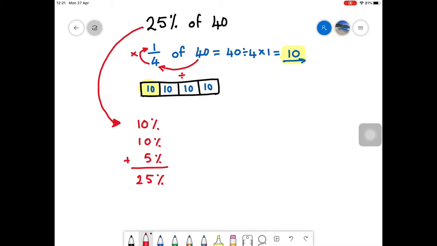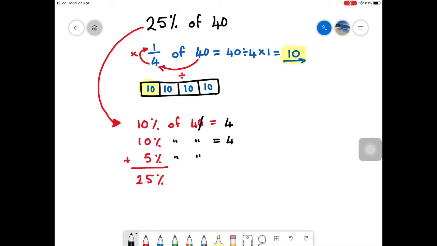Now, I also know that 10% of 40 is one of the easiest sums, because 10% of anything is 1/10 of my number, in which case I'm just dividing by 10. And to divide by 10, I can quite easily just remove my last 0, so I get 4. 10% of 40 is like dividing 40 by 10 and giving me 4. So when I do this as well, I get another 4.